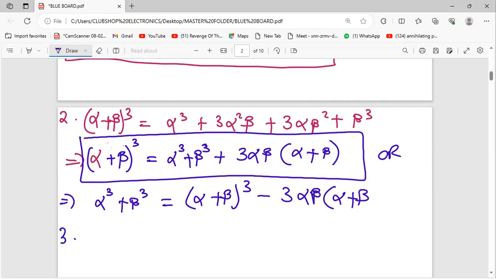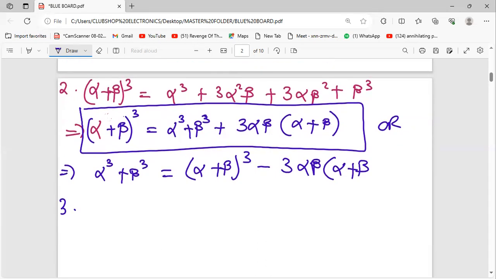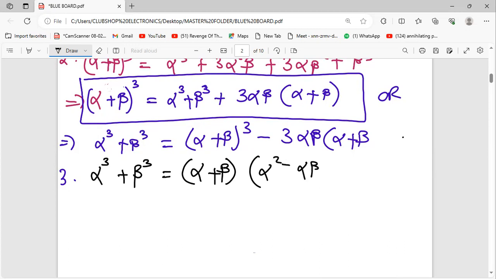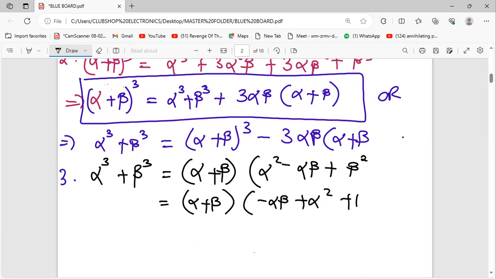Number 3, there is also this expression: alpha to the power 3 plus beta to the power 3 is equal to alpha plus beta open bracket alpha squared minus alpha beta plus beta squared, which is the same as alpha plus beta open bracket negative alpha beta plus alpha squared plus beta squared.